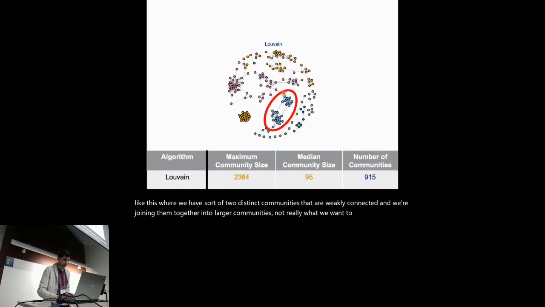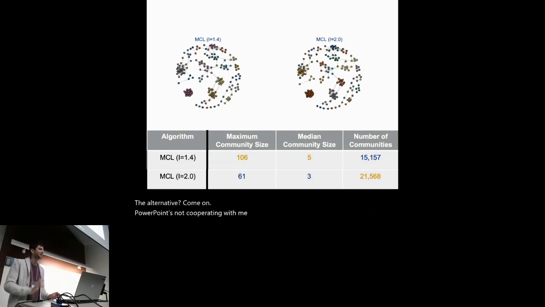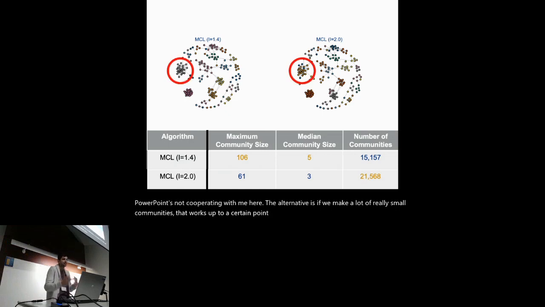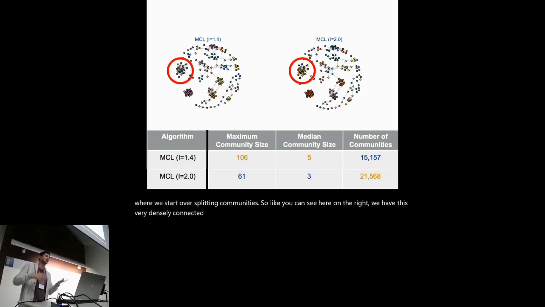The alternative, come on, PowerPoint's not cooperating with me here. The alternative is if we make a lot of really small communities, that works up to a certain point, but then we end up with a problem where we start over-splitting communities. So like you can see here on the right, we have this very densely connected community that the algorithm is trying to sub-split into multiple sub-communities that don't make a ton of sense.